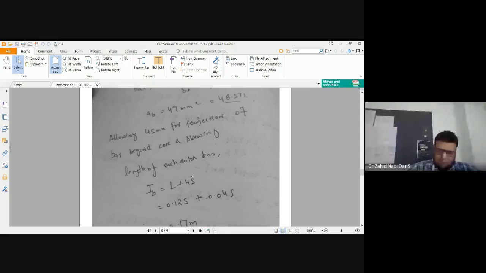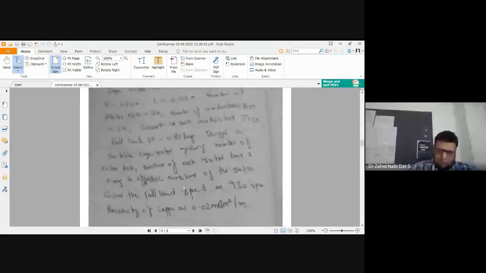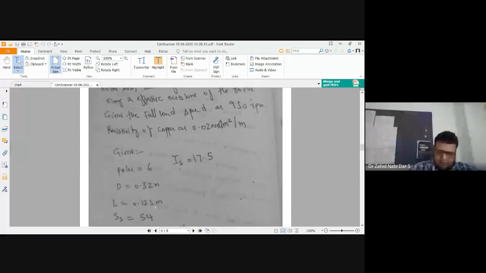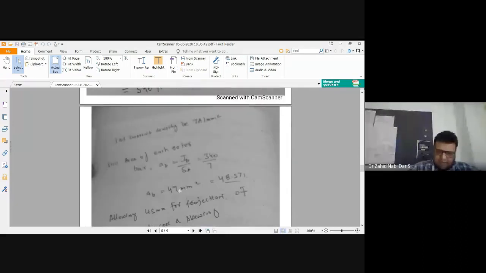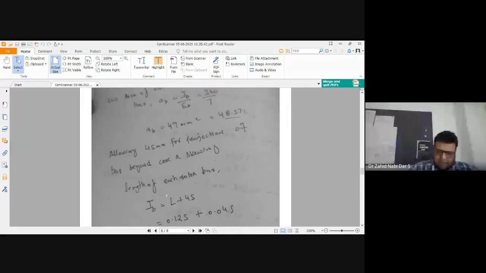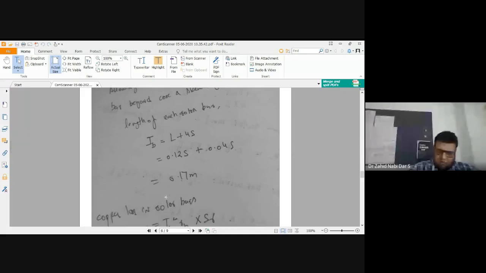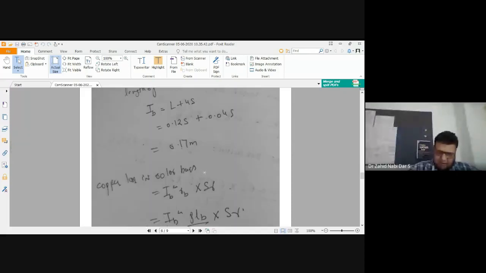The length is already mentioned, they have given 0.125, and let's add 0.4 to it. This is the standard practice, so remember this for skewing, and for the diameter you have to subtract 0.15. 0.17 meter you will get.